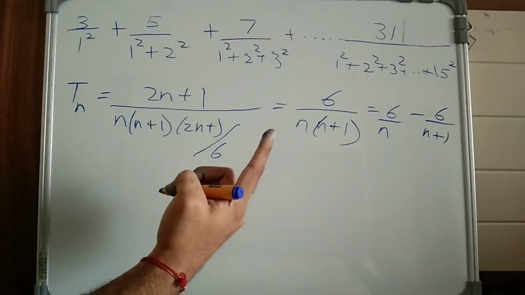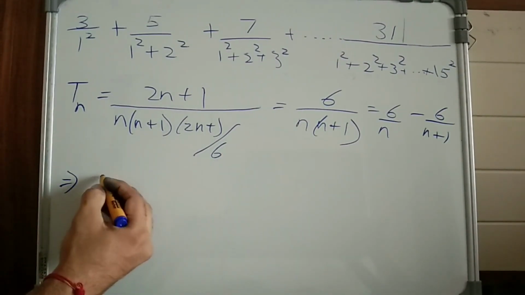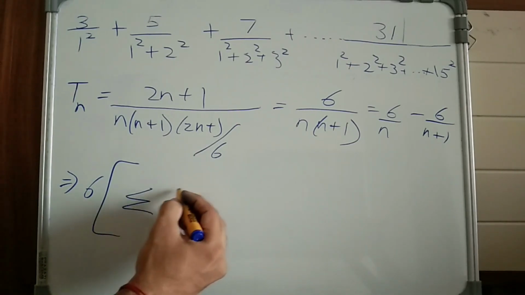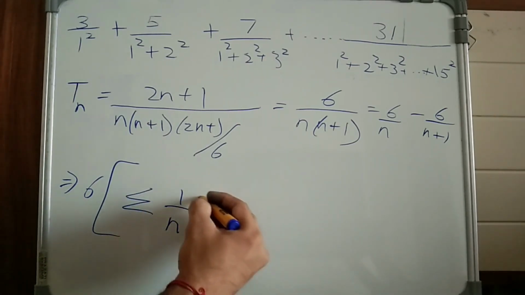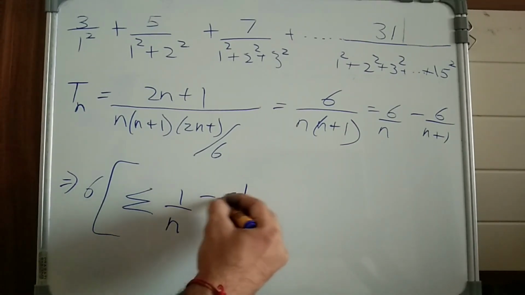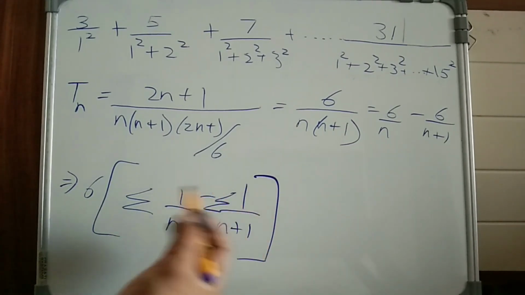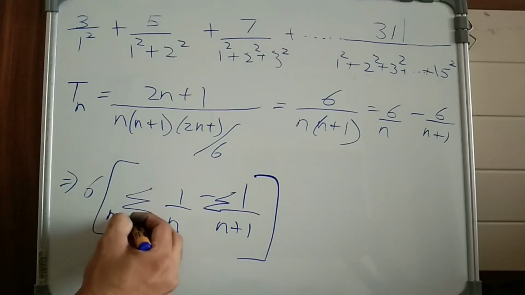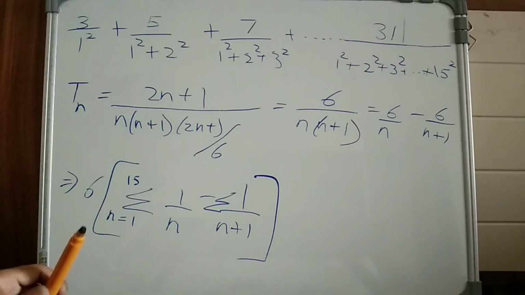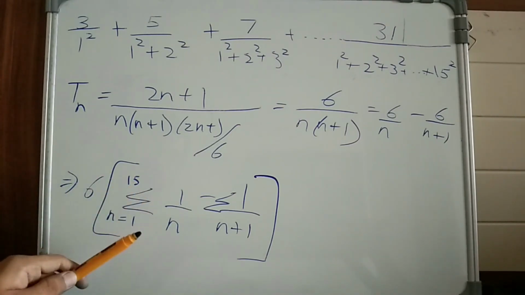Now you can simply apply sigma over here: sigma of 1 upon n minus 1 upon n plus 1, where n takes its value from 1 to 15 in both.